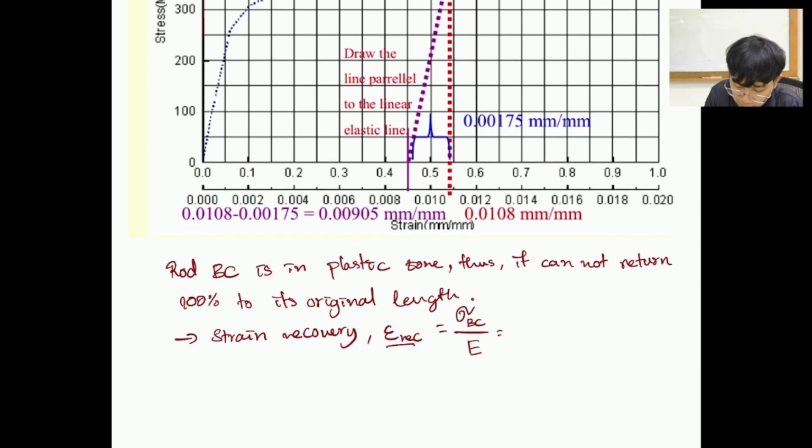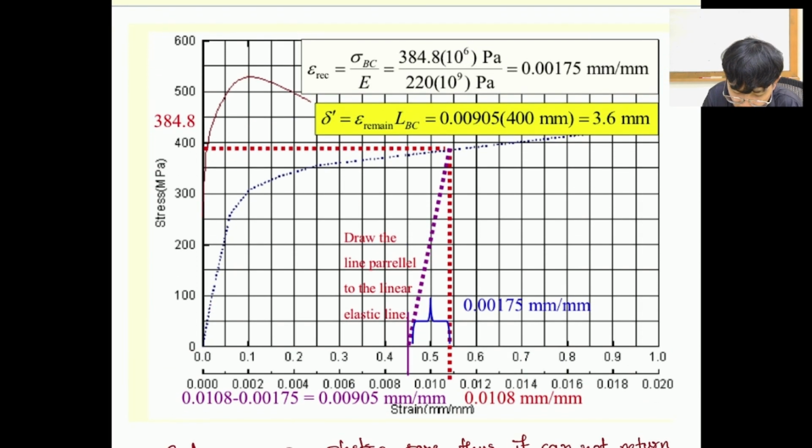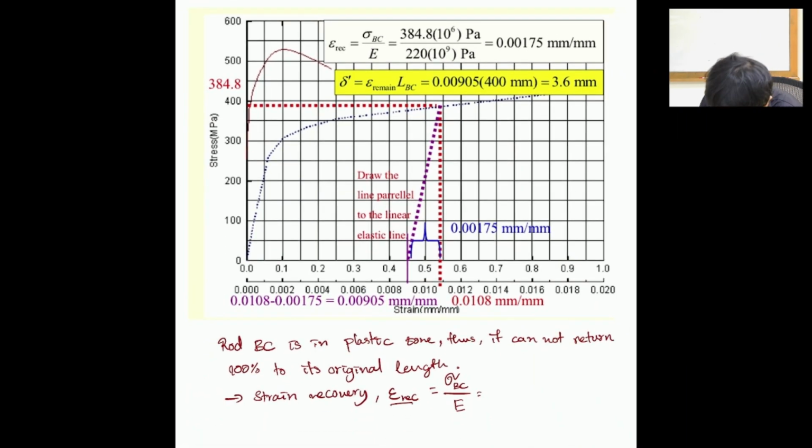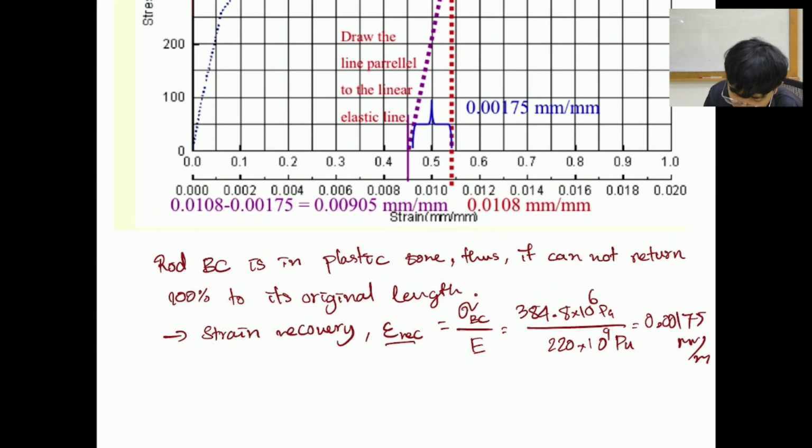So we use stress BC, which is equal to 384.8 times 10^6 Pa divided by 220 times 10^9 Pa. We're going to get it equal to 0.00175 millimeters per millimeter. Okay. So this is the recovery.